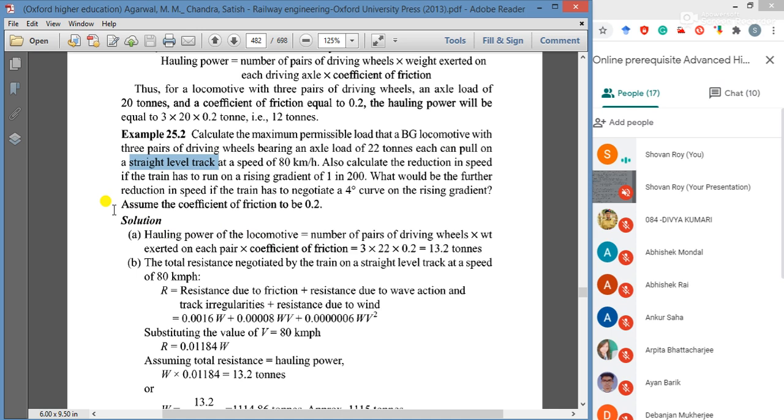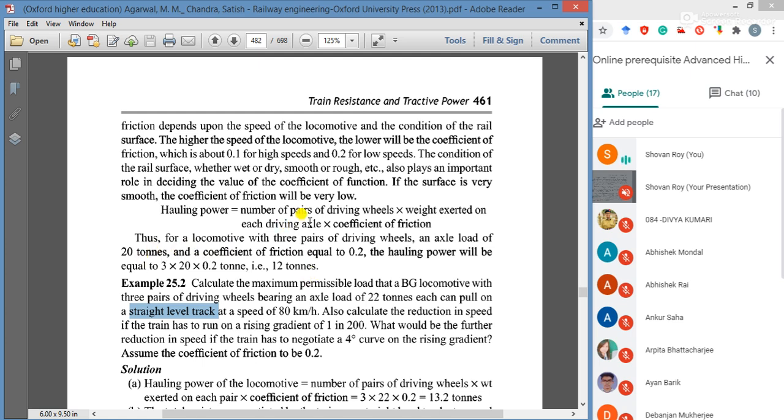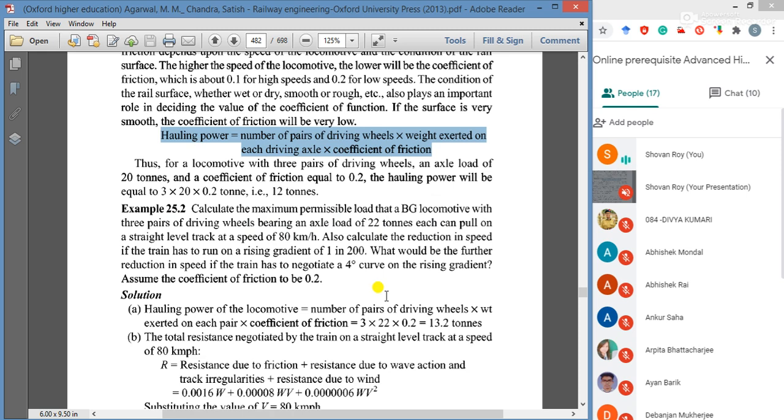That's why in the solution, part A, the hauling power of the locomotive formula is used. Hauling power of the locomotive equals number of pairs of driving wheels times weight exerted on each driving axle times coefficient of friction. This formula we have just seen last time, and it is needed first.